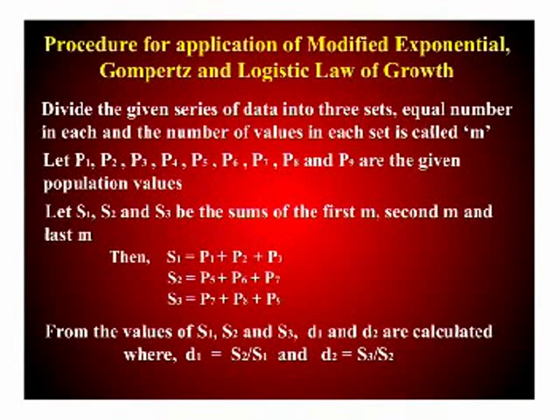The procedure is as follows. Divide the given series of data into 3 sets with an equal number in each, and the number of values in each set is called m. Let S1, S2 and S3 be the sums of the first m, second m and the last m.